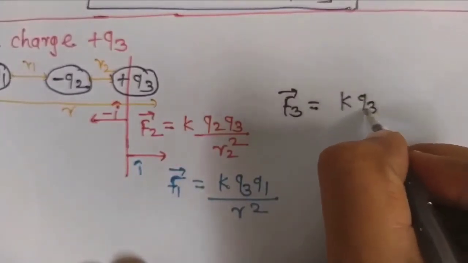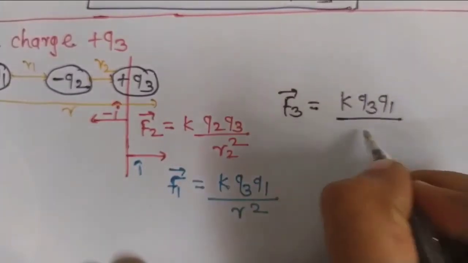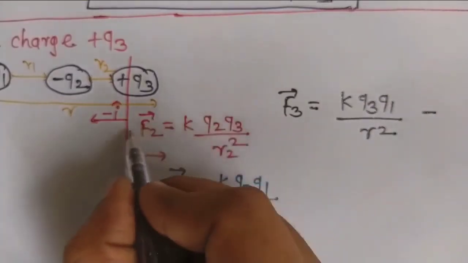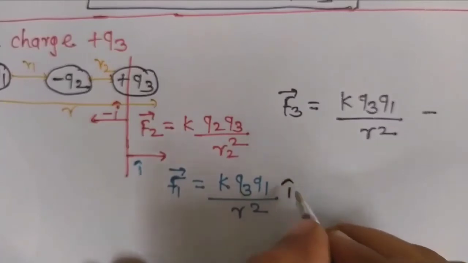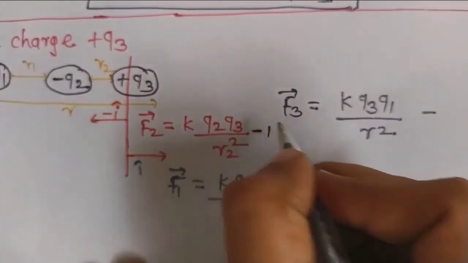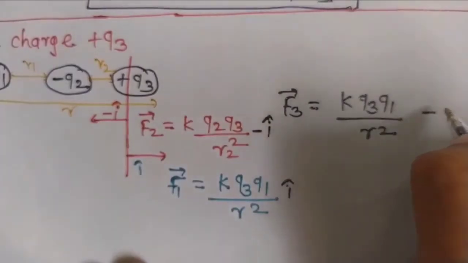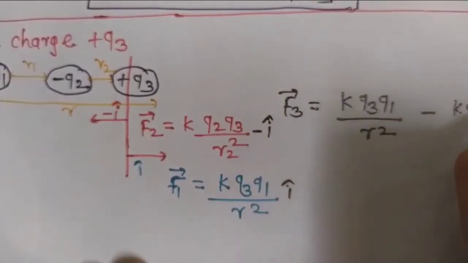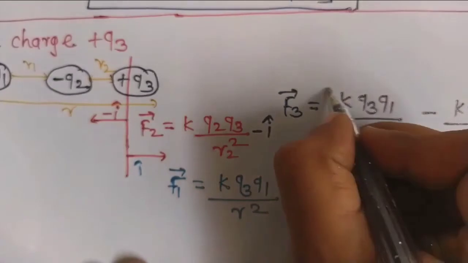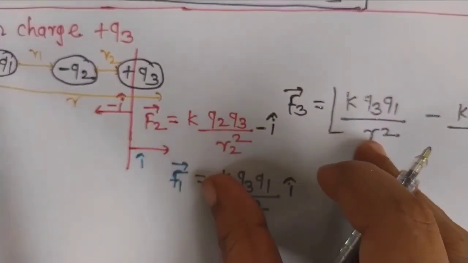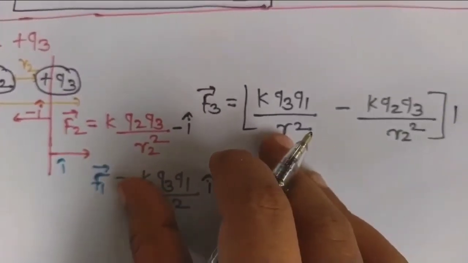F3 is equal to K Q3 Q1 upon R square, this is plus, minus K Q2 Q3 upon R2 square, this is minus I cap.